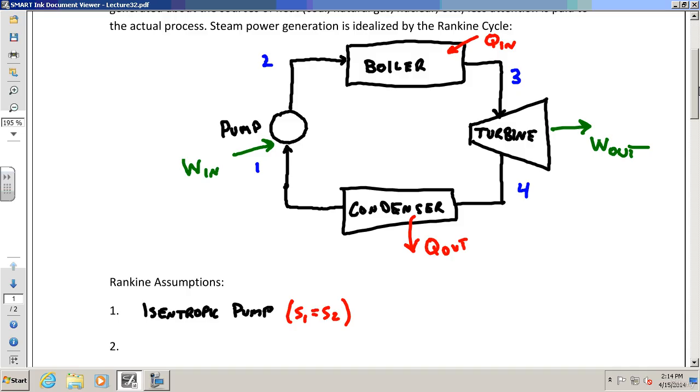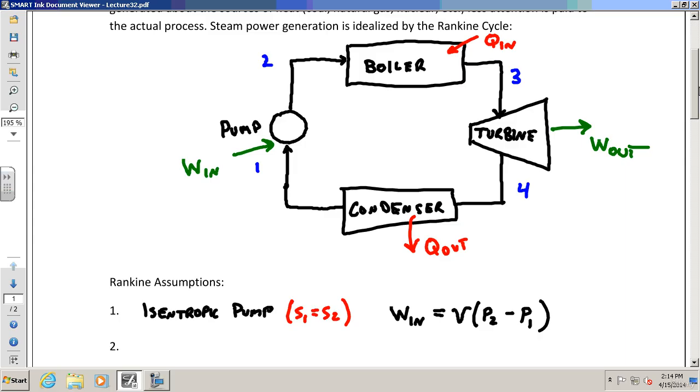But we have an isentropic pump equation, and this makes it even easier. It says that the work input of an isentropic pump is equal to the specific volume of whatever we're pumping, multiplied by the pressure we're pumping it to minus the pressure at which we received it, the pressure difference.